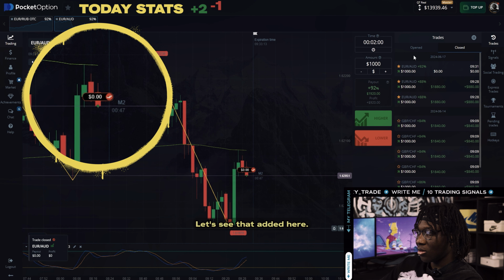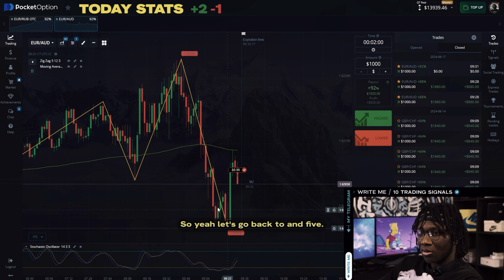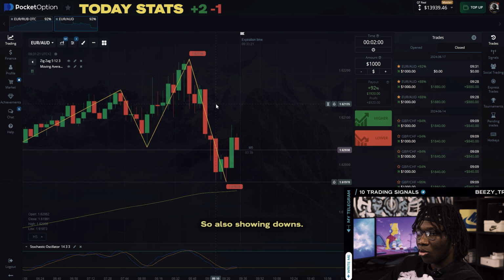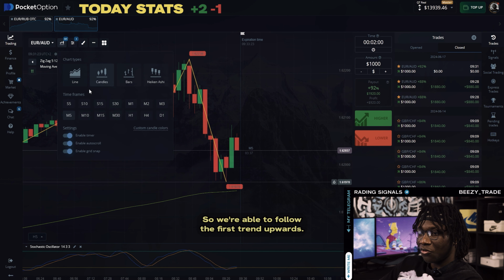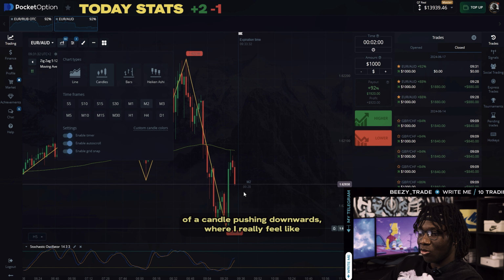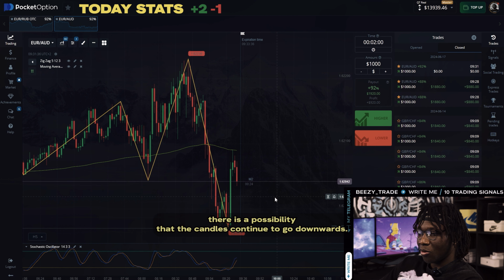1 trade, let's see that added here. So yeah, let's go back to our M5 and see. So also showing downwards. So we're able to follow the first trend upwards, but now I think this is a situation where this is just way too strong of a candle pushing downwards, where I really feel like there is a possibility that the candles continue to go downwards.